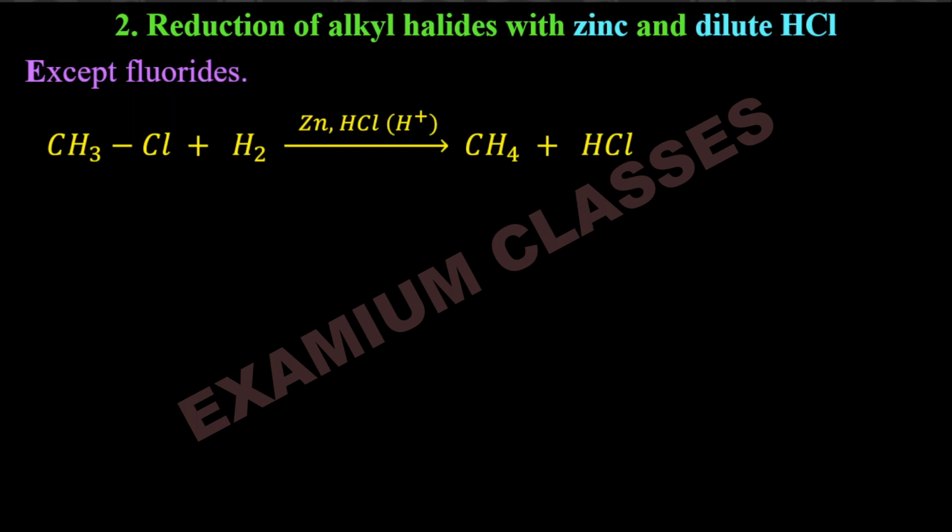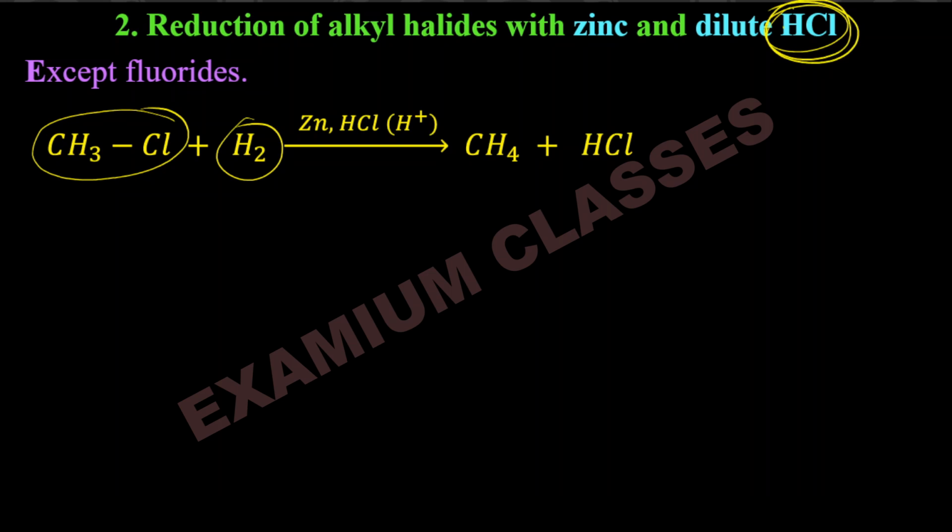Suppose we have a chloride here. We react it with hydrogen, reduction, in the presence of zinc and HCl. Remember, this H+ comes from HCl. So either you write HCl or you write H+, it is the same thing. I have written both just to tell you that this H+ comes from the HCl being used here.